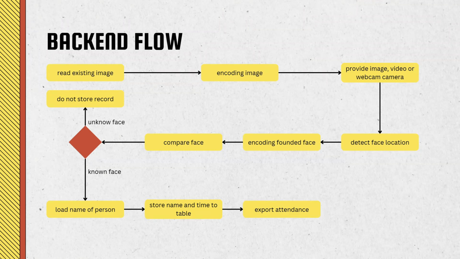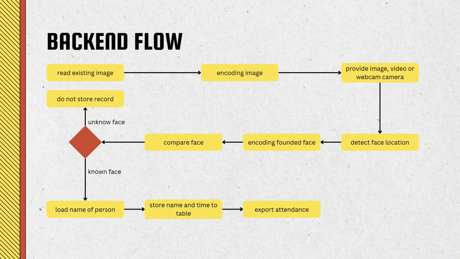After encoding those faces, the system will use a built-in function of the Python library called compare faces to compare the face found from the video or camera, once encoded, with the encoded faces that we already assigned before.